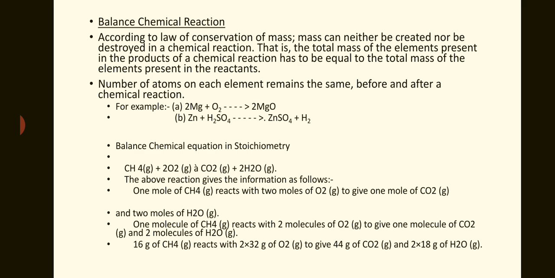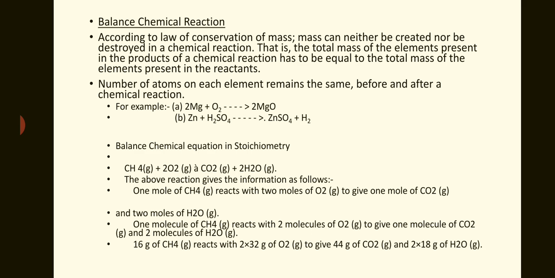So the above reaction gives the information as follows. 1 mole of CH4 gas or methane gas reacts with 2 moles of oxygen gas O2 to give 1 mole of CO2 gas and 2 moles of H2O. Water is in the form of gas, meaning water vapor.